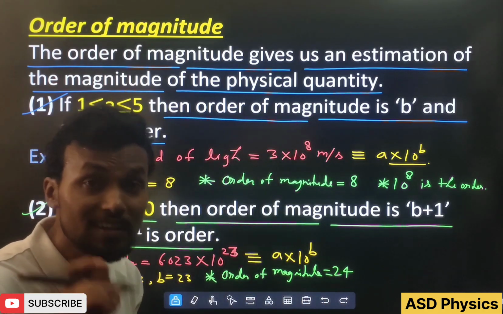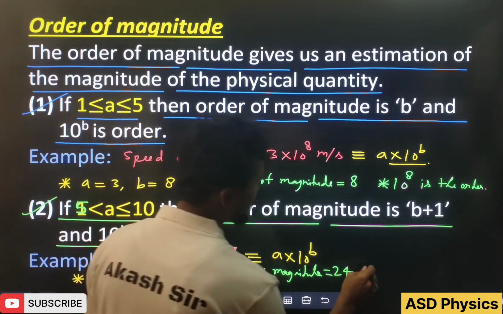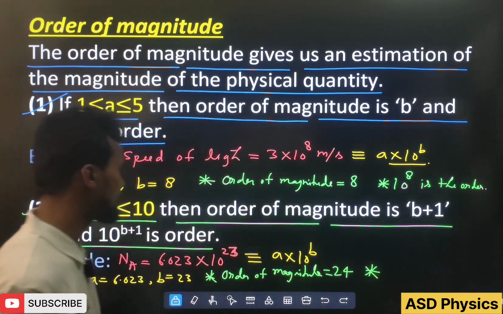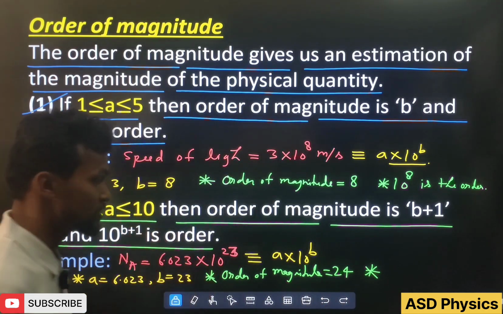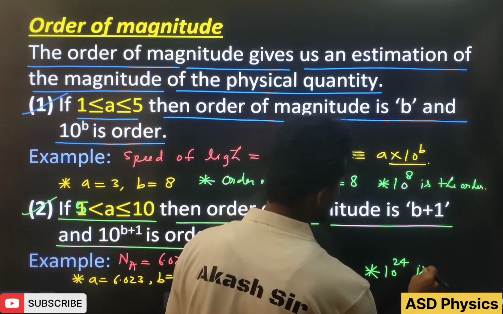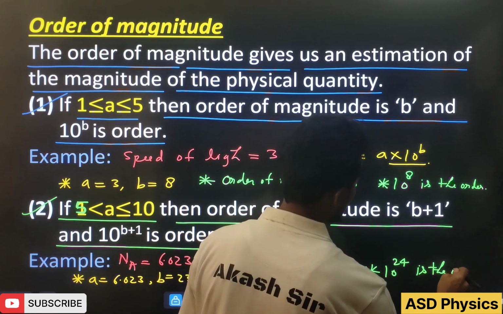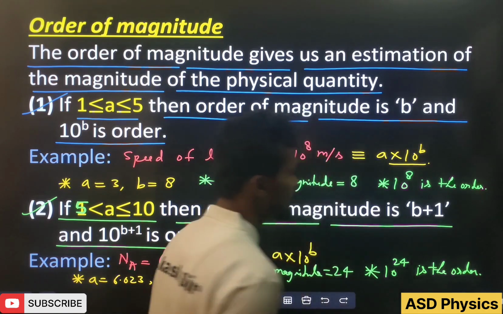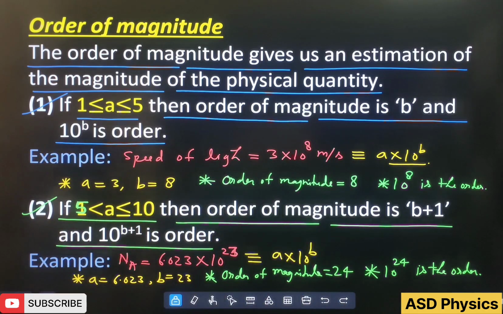Order of magnitude is 24. After that, next one, the order is 10 to the power b plus 1. That means we can write 10 to the power 24 is the order, because we add 1 to 23, so it becomes 10 power 24. So students have to be very careful about the a value, whether it is between 1 and 5 or between 5 and 10. I hope this is very clear to you.